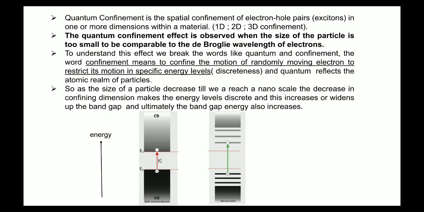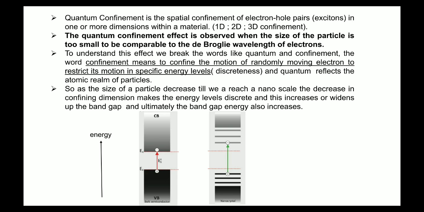When we talk about an individual electron and hole, these are individual charge carriers. Electron is a negatively charged carrier, hole is a positively charged carrier. But consider the electron and hole remaining together, not separated by a large distance, so they are present in pairs.